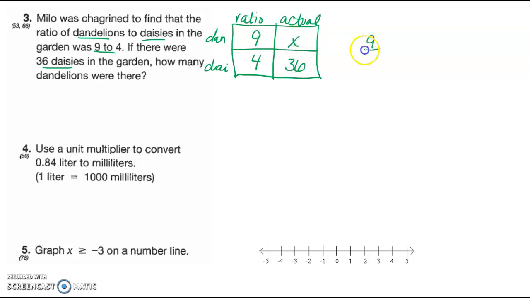So we have 9 is to 4 as x is to 36. We cross multiply. 36 times 9 is 324. Divided by 4, divided by 4, 81.